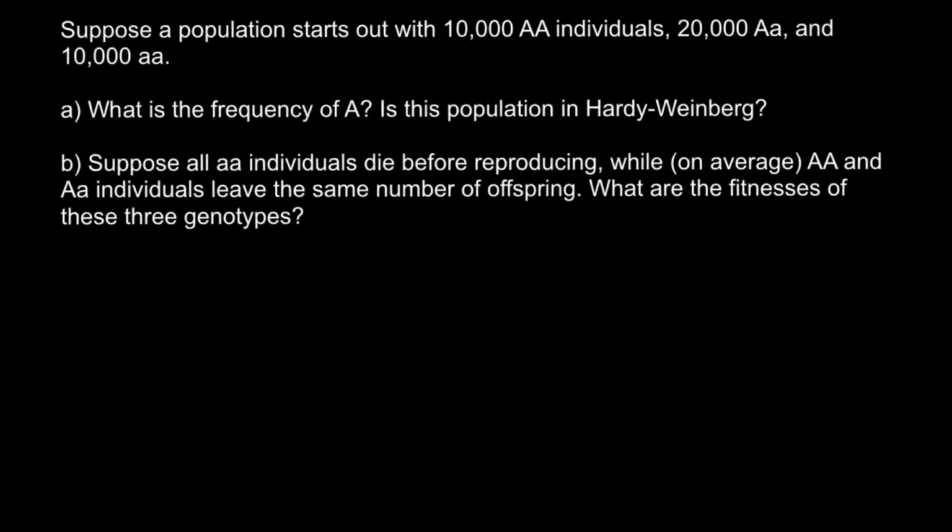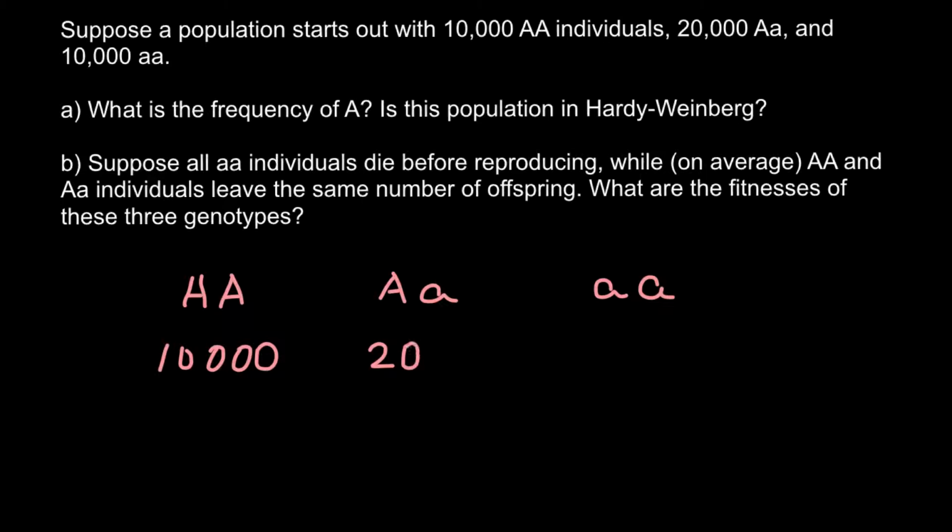What is the frequency of the dominant allele A? We have three genotypes. One is homozygous dominant, another one is heterozygous, and the last one is homozygous recessive. We have 10,000 individuals that belong to this genotype, 20,000 individuals that belong to this genotype, and 10,000 individuals that belong to this genotype.